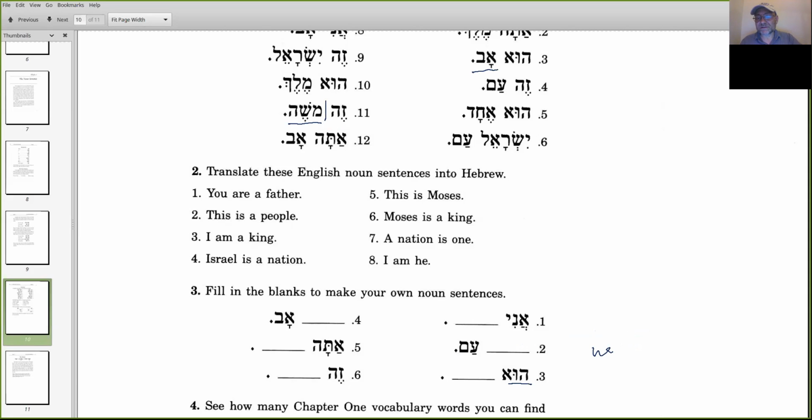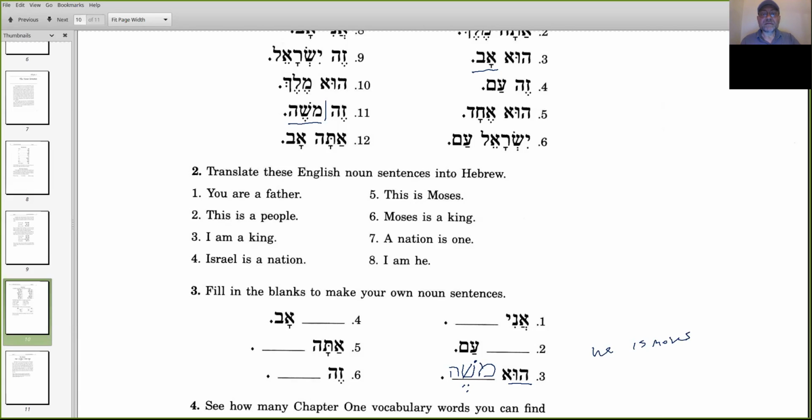Let's use Moses. Okay, so we'll start out with a mem. We'll add the holem, which is also doubling as the superlinear dot on the sheen. And then we will give it the segol and the hey. So it's he is Moses.